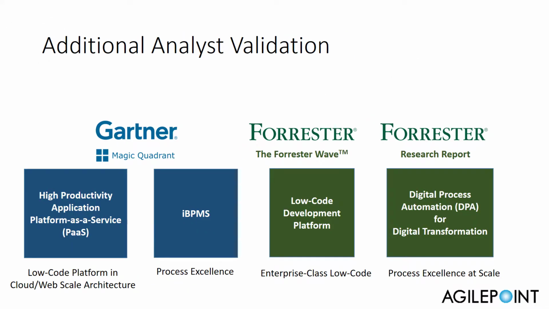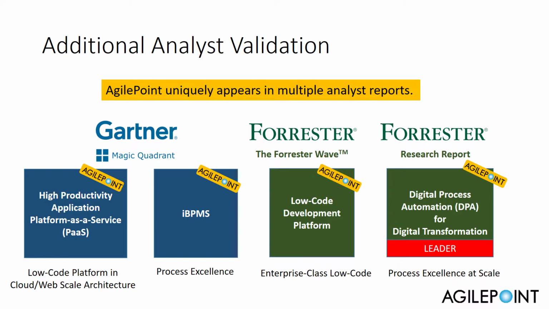Now, so far we've talked about the recent Forrester report, but AgilePoint has been regularly recognized across a wide variety of analyst reports that represent a variety of different segments.